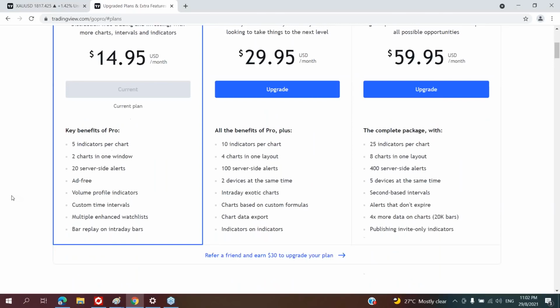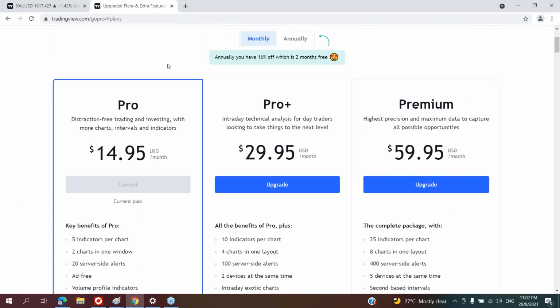I mean, it's just a month, and you can try the free one, and it's really worth it. $14, $15. It's just $15 to sharpen your skills.